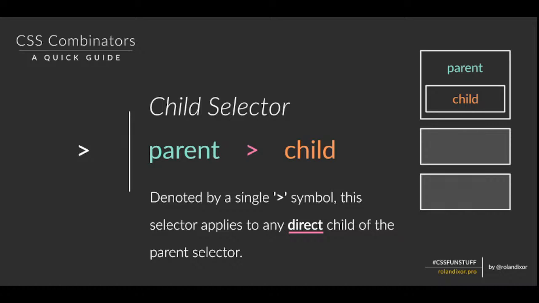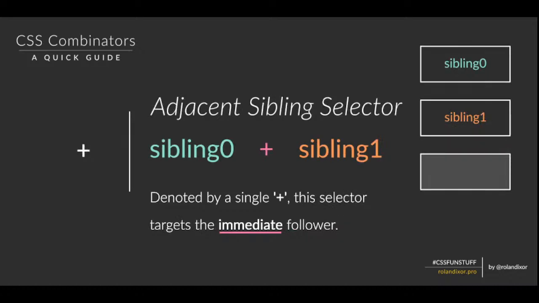So this is the child selector, and it's denoted by this single greater than symbol, and this selector applies to any direct child of the parent selector. So basically it has to follow directly after the parent as opposed to being anywhere within the parent, and I'll demonstrate that difference as we get into the actual code.